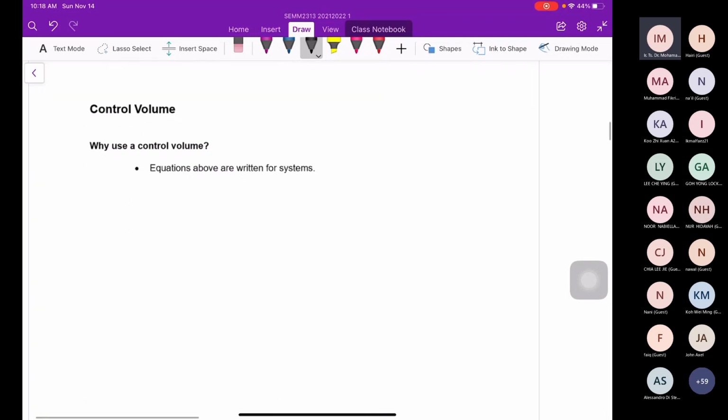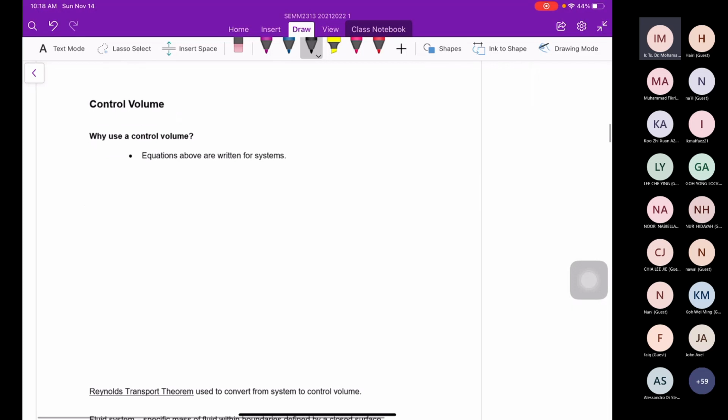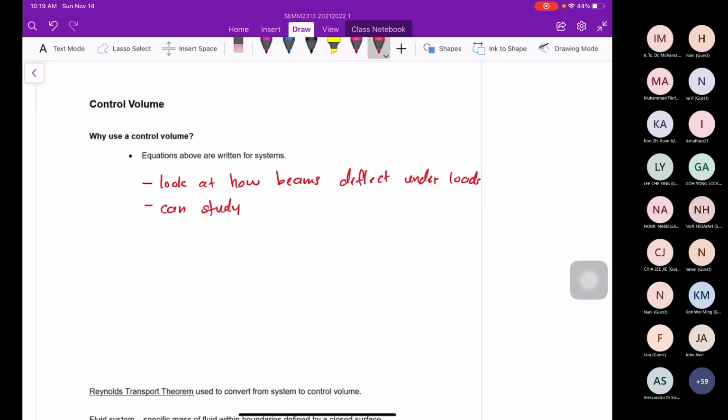When we look at the beam, look at how the beam deflects under load, and we can study a piston as it oscillates.